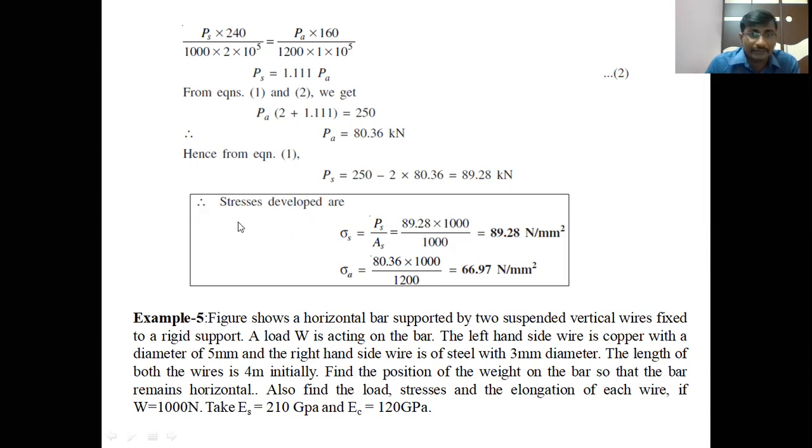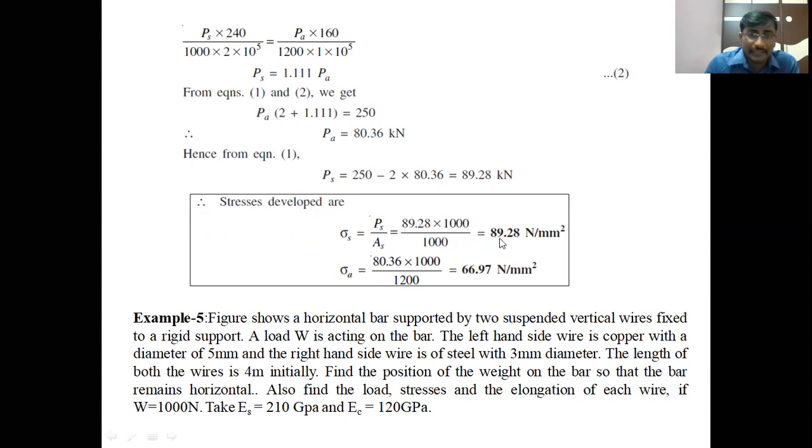Then we can calculate from the above values the stress developed in each pillar. Stress in steel, sigma S, is equal to the load shared by each steel pillar divided by the cross-section area of the steel pillar. The load shared by the steel pillar here is 89.28 kilonewtons. We can convert it into newtons by multiplying by 1000. 89.28 into 1000 divided by the cross-section area of the steel, 1000. The 1000 cancels.